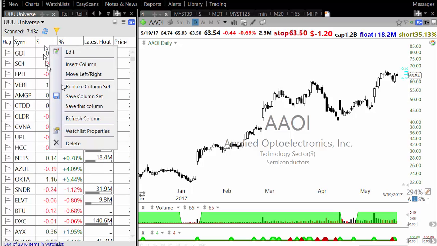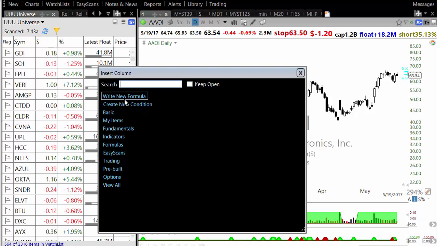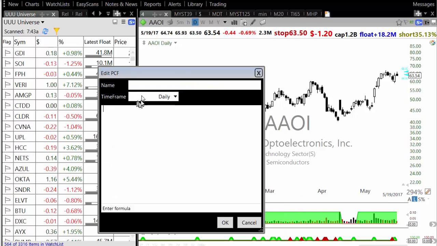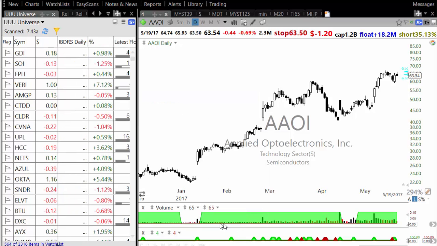So we insert a column, write a new formula, and give it a name, IBD RS, or relative strength, and then put in the formula which we had there. Basically, it gives you a value for that particular column.